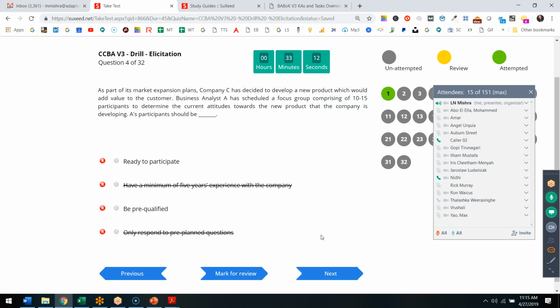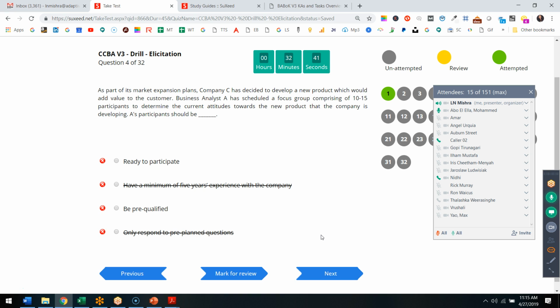If a person is not willing to open up. One-on-one. One-on-one would always be better to make a person feel comfortable. Usually people are less comfortable in a group setting. So ready to participate is not mentioned in BABOK, but be pre-qualified is mentioned in BABOK. That is why reading BABOK thoroughly is expected.